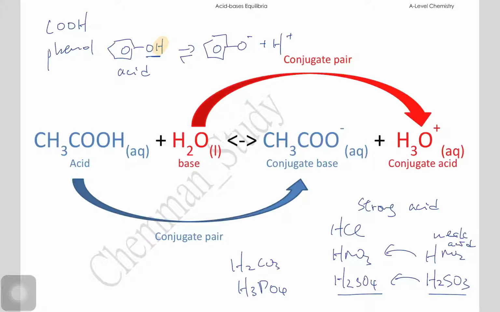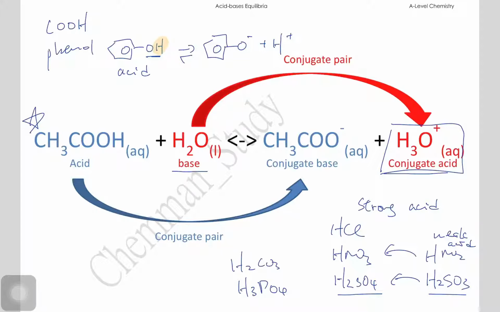Obviously we have to know how to write the dissociation equation for both acid and base. For acid, there are two different versions. You can use this one, which is the real version representing the real formula of H plus. Instead of just using H plus, you technically use H3O plus to be more precise. If we put in water, H3O plus will form.